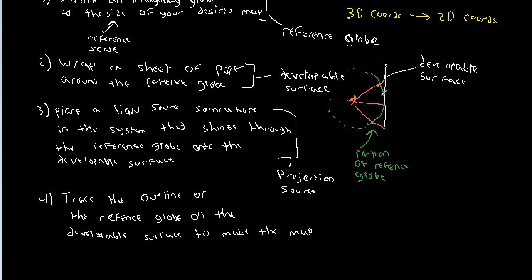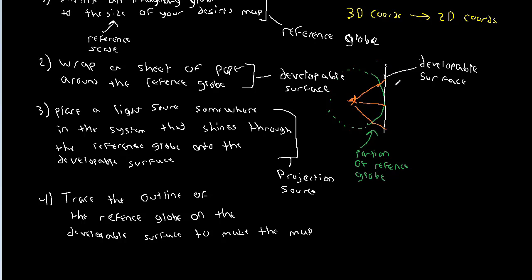And this thing called the developable surface, which I said was an imaginary piece of paper that we've wrapped around or interacted with the globe in some way. The idea being that we take the projection source, shine light from the source onto the developable surface, it passes through the reference globe, and then we just trace where the globe is being projected, hence why it's called a projection, onto the developable surface.